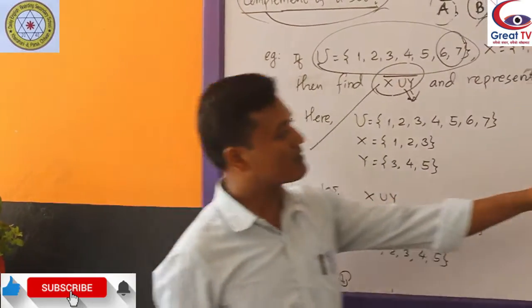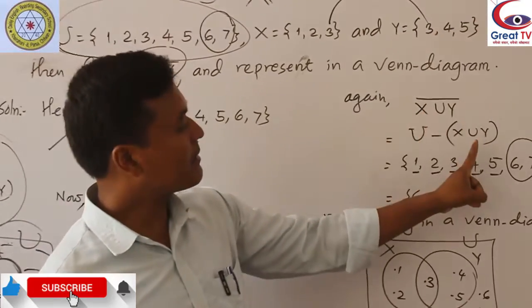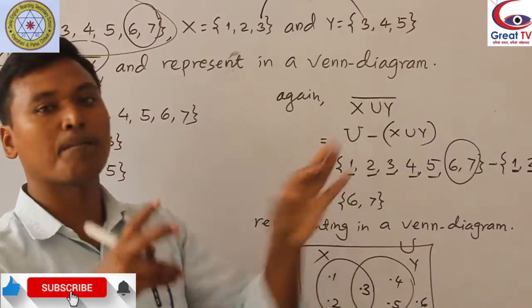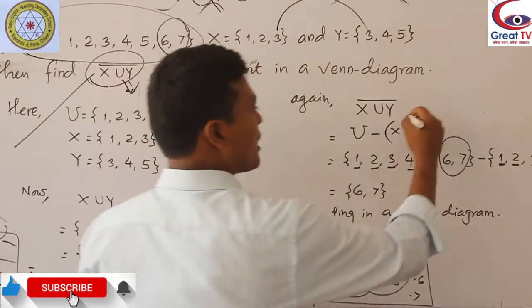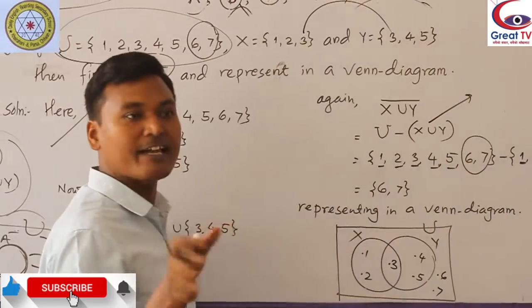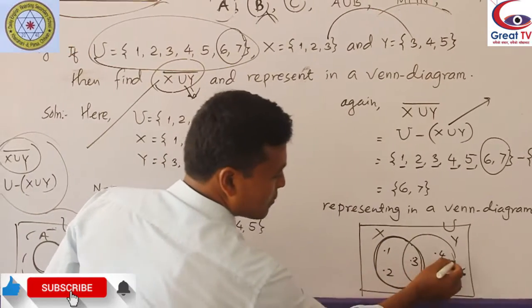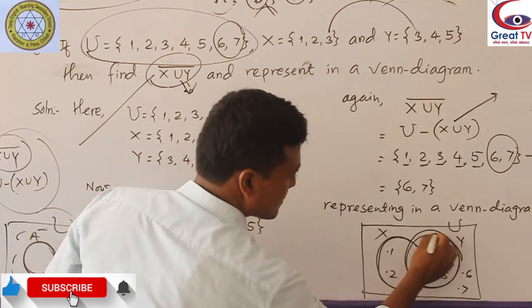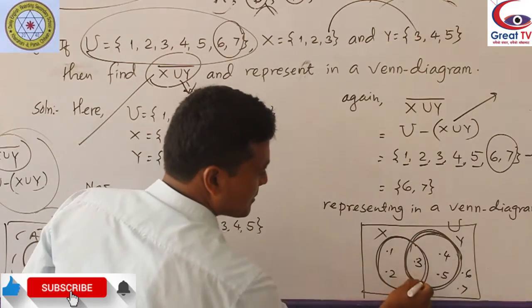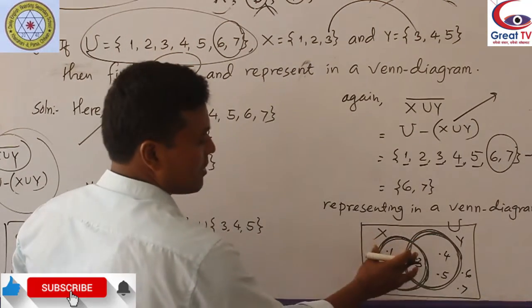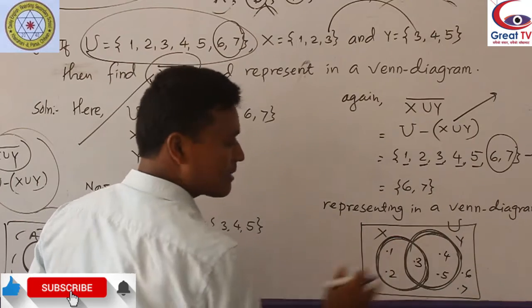Similarly here we have (X union Y) complement. Except X union Y we shade all parts. X union Y means all parts of X and Y. So X means this much, Y means this much. Y also cannot be shaded, X also cannot be shaded. X all and Y all cannot be shaded.